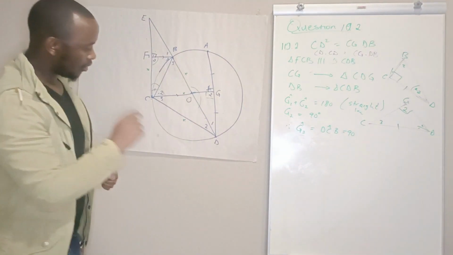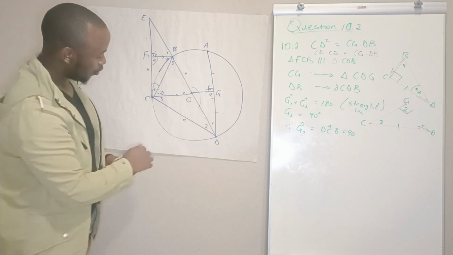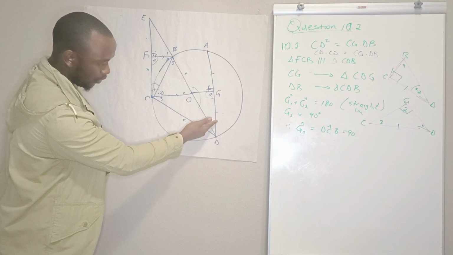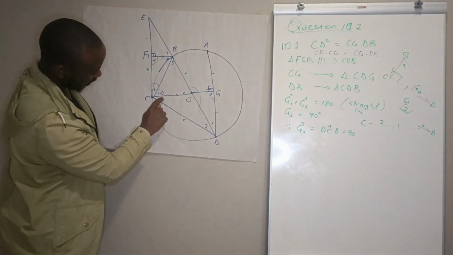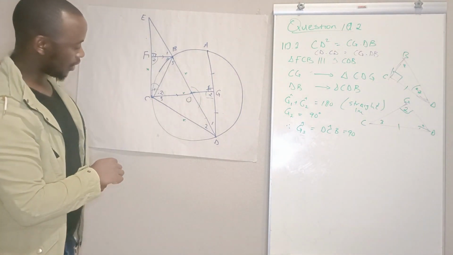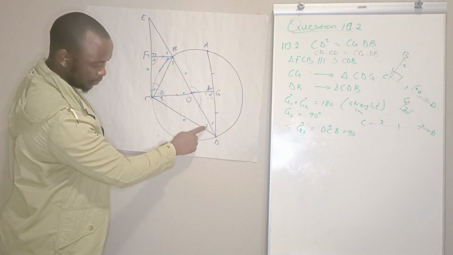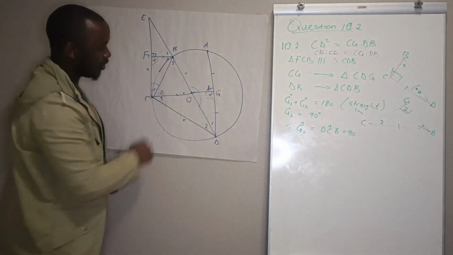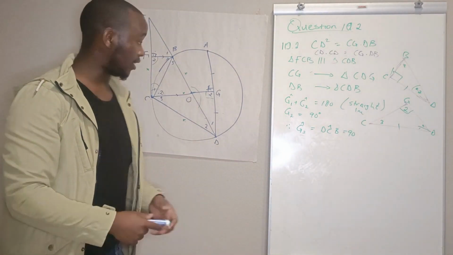So because D2 is not equal to this one, it means that we must prove that D2, because that's the only angle, because we've eliminated this one, then D2 should be equal to this angle, C3. Or you can do it the other way around. D1 plus D2 not being equal to this one, it means D1 and D2 should be equal to that one. So, because these are angles, we're trying to prove that these triangles are similar.